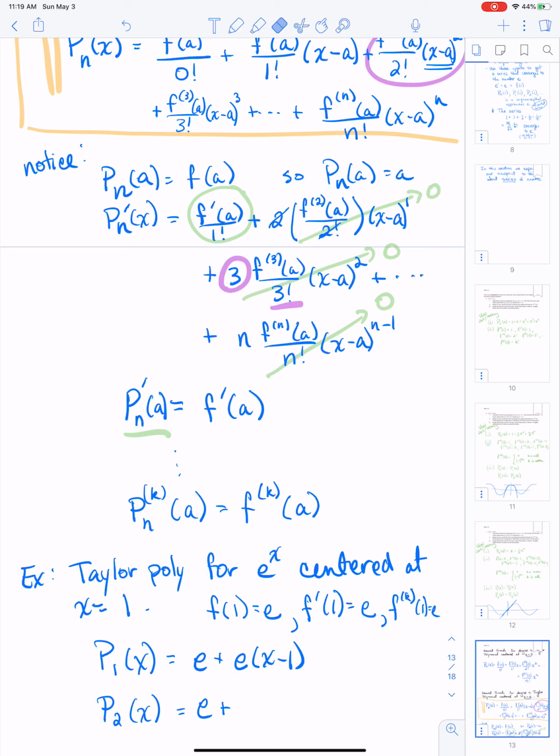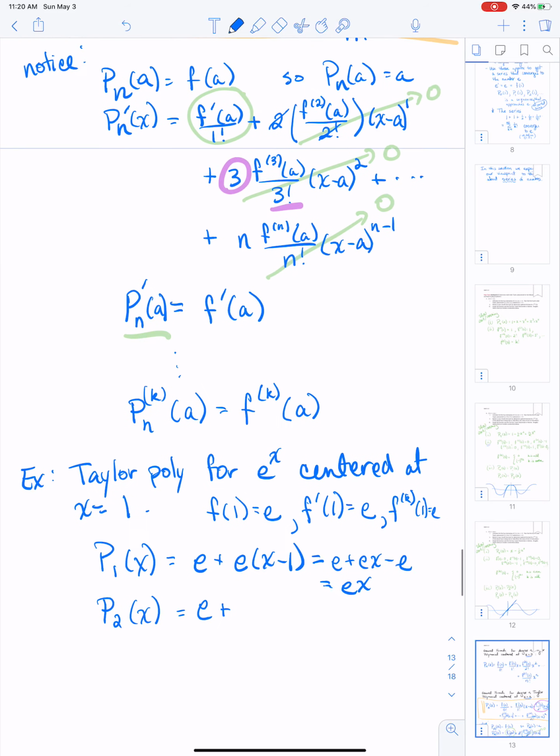We don't have to resolve this too much, but this is e plus ex minus e, right? And so this is just ex, the best linear approximation near 1.